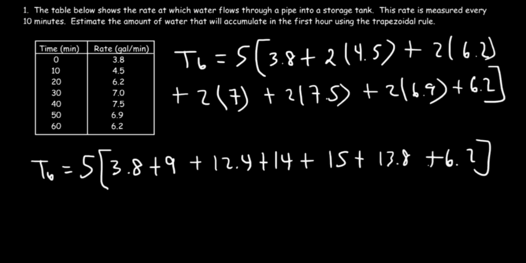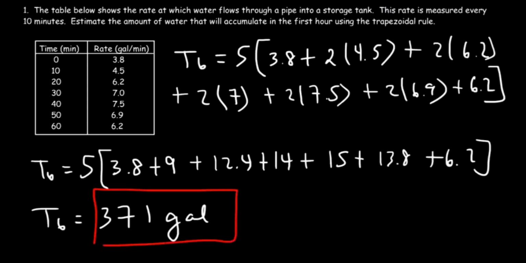So you can type this into a calculator if you want to, and this will give you 371, and the unit will be in gallons. So that is the amount of water that will accumulate in the tank based on the trapezoidal rule.